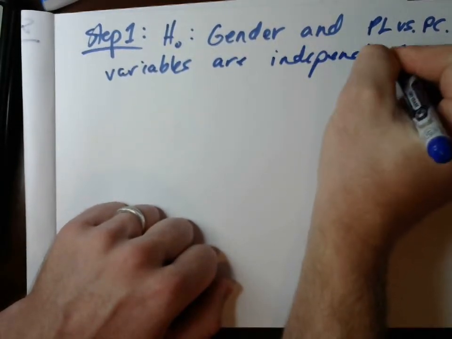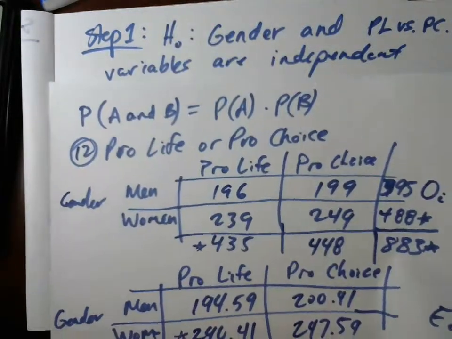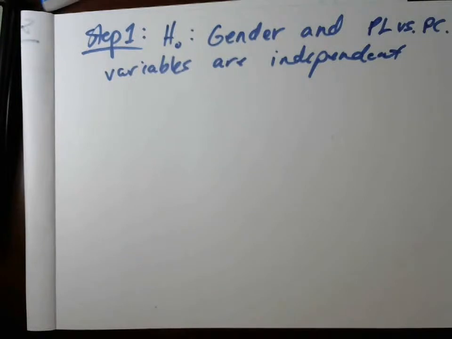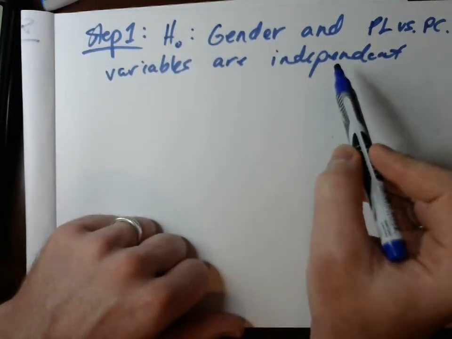That would be the null hypothesis, that the thing is equivalent. They are true. That this equation is going to hold up based off of our sample. That's what we're saying. Based off of our sample, this is going to hold up. It's going to be independent.